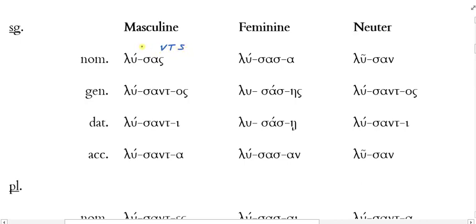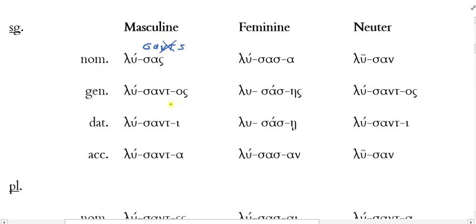What happened here? Yes, before a sigma, dentals like to fall out. Tau is a dental, and nu is a nasal dental. So both of these are going to say goodbye, and I'm going to be left with sas. So that's all that's happened here.